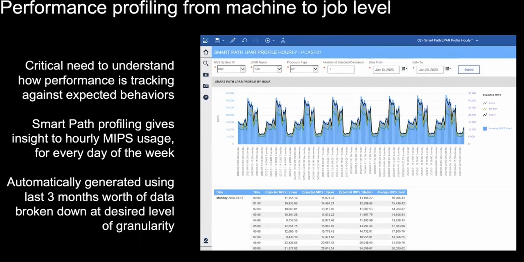And you can look at this at various levels of granularity. At a system level, but more realistically, you'd want to look at how things are performing at an LPAR or workload or service class level, so you can get down to do that. Obviously, the more data you feed into the system, the better the profile will be, and the more accurately it will track that information.